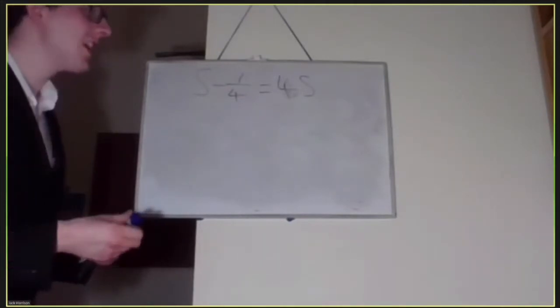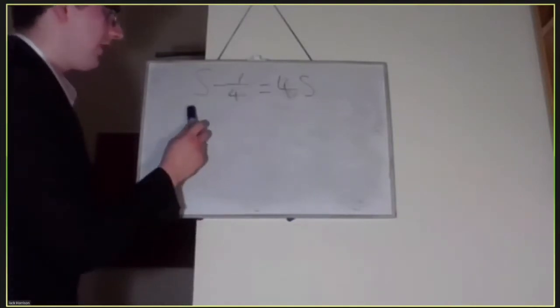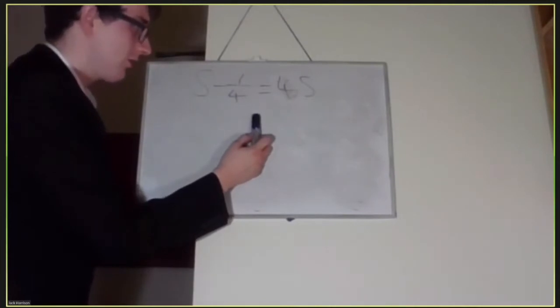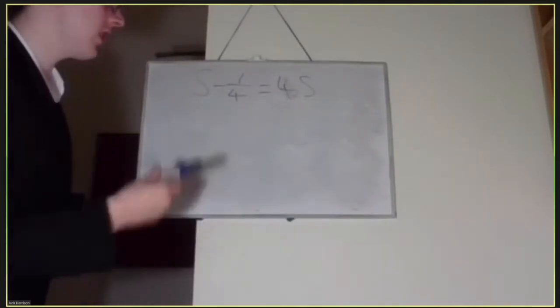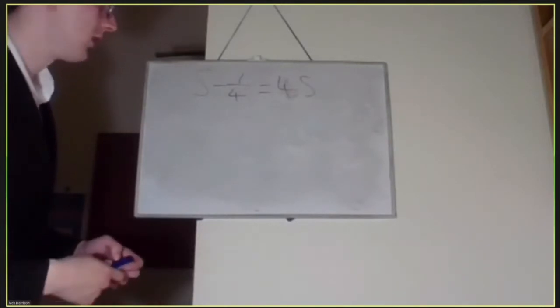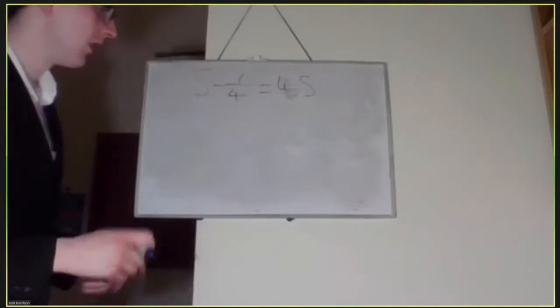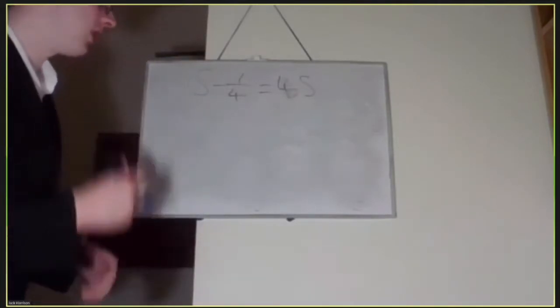And indeed, if we take s to be infinite, then we can see that the left-hand side here, s minus a quarter, would be infinite. And the right-hand side, 4s, would also tend towards infinity. So maybe they are equal, even if s is infinite. And we see similar lines in the ones for minus an eighth as well.